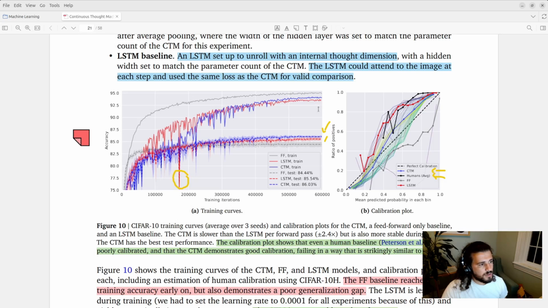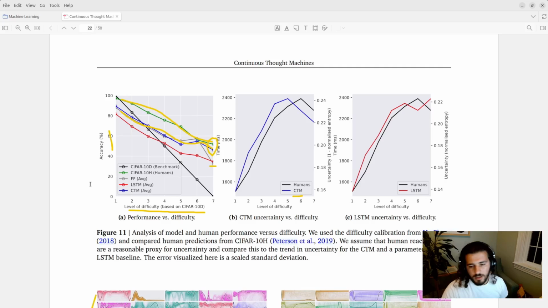Here you have the training curves for the LSTM, CTM, and fully connected, and you see that the CTM is the best after this many iterations. Depending on each of the elements in the dataset, you can see the level of difficulty. And here you see that the CTM follows a similar trajectory to the CIFAR-10H, so the humans, but every one of them follows that.